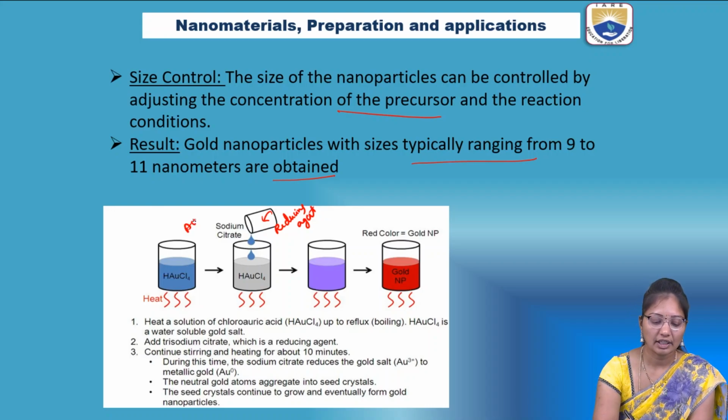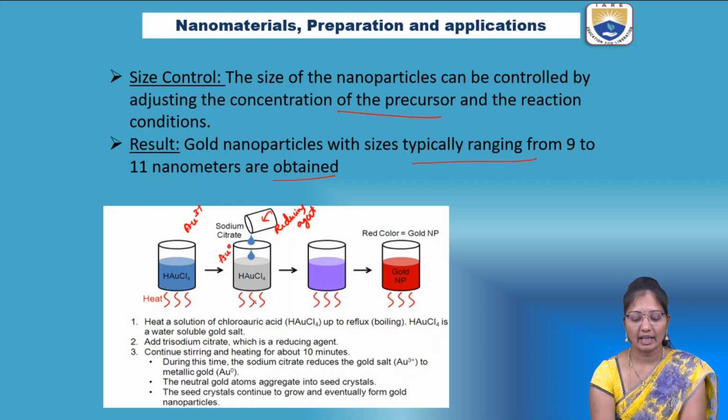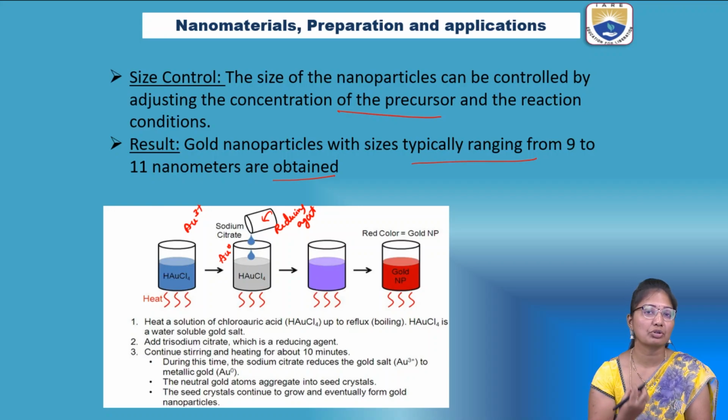Then here Au plus 3 will be converted into Au0. Again, this is on mixing and heating. The red color gold nanoparticles are formed. Here, the gold solution has to be heated and boiled, means refluxed. The bubbles have to come out.